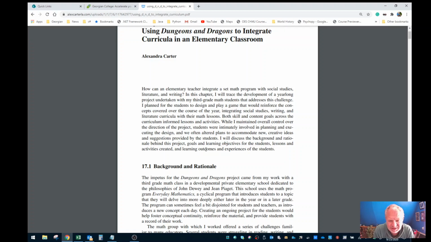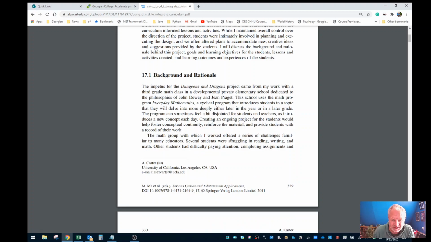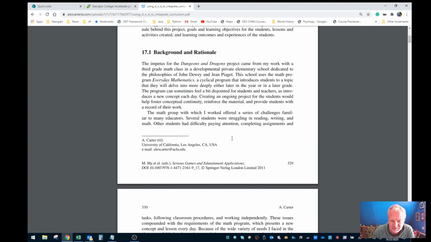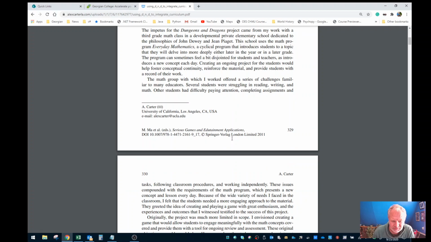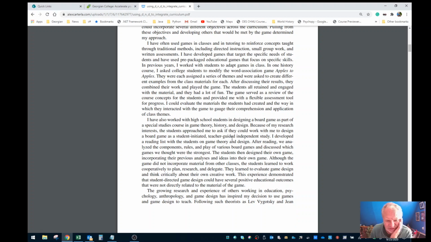So I will trace the development of a year-long project undertaken with my third grade math students that addresses this challenge. Okay, so here's a description of what he did.